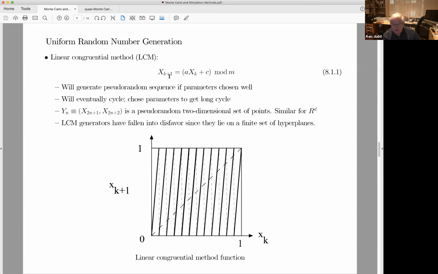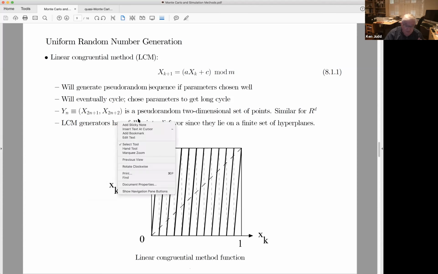Eventually this will cycle because it's integers. They've got to cycle, even in theory, certainly on a computer, but even in theory they will cycle. Now, if you want a 2-dimensional set of points, you just take like draw 20 and draw 21, and that could be your 10th point in some 2-dimensional draw.